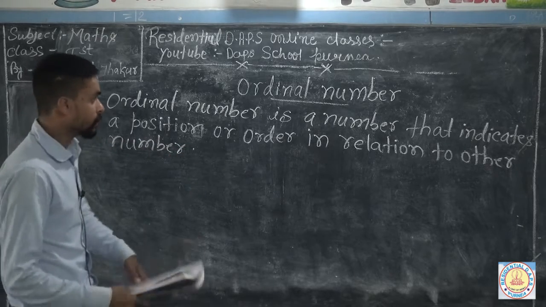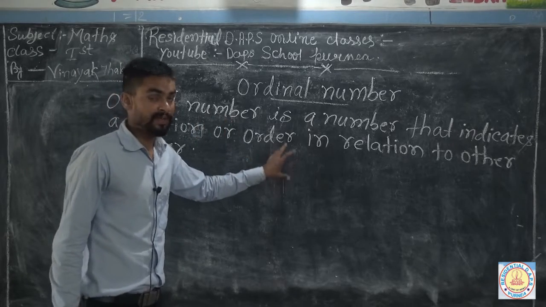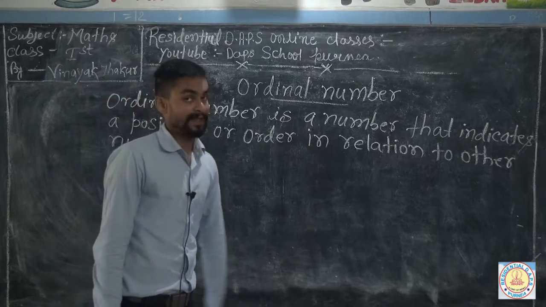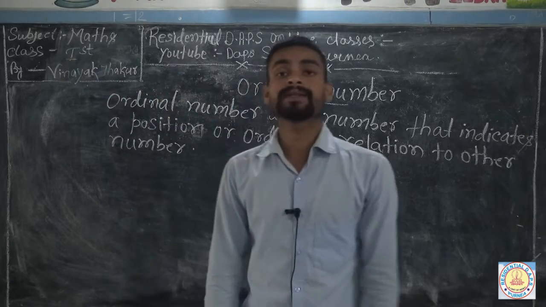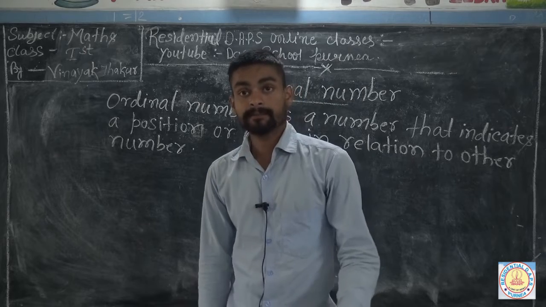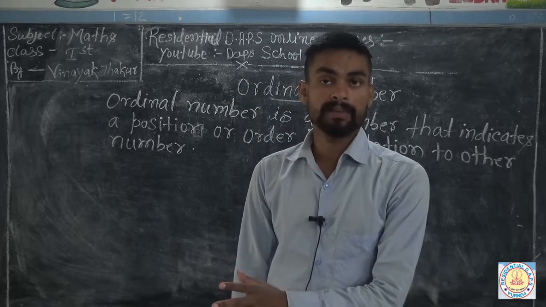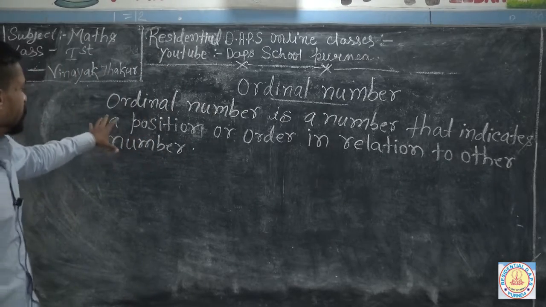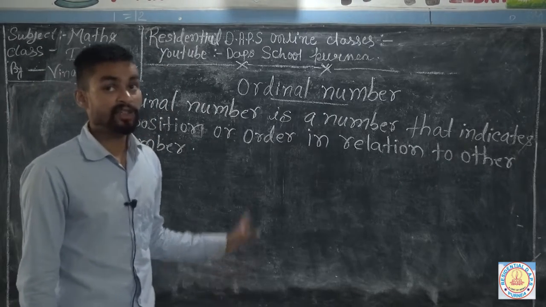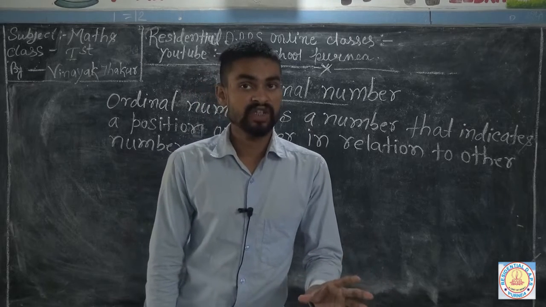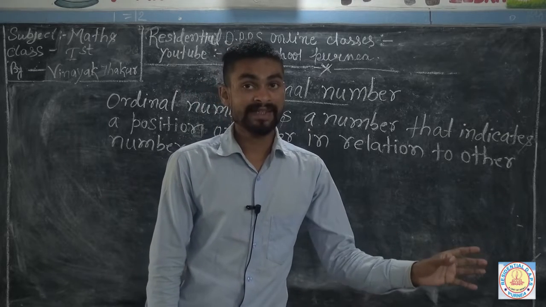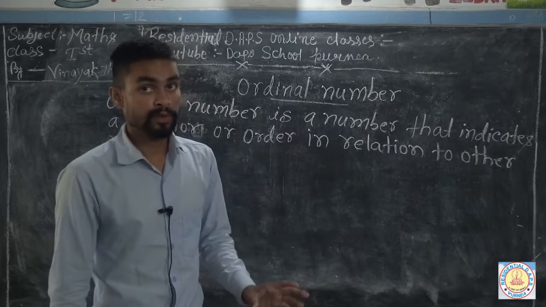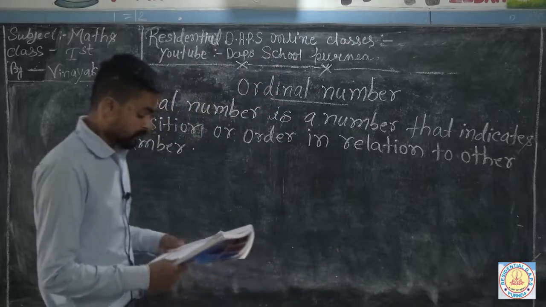So guys, this is your ordinal number definition: an ordinal number is a number that indicates its order and position in relation to other numbers. It is only to indicate its order and its position. So which subject or object is in which position, you have to just indicate that.